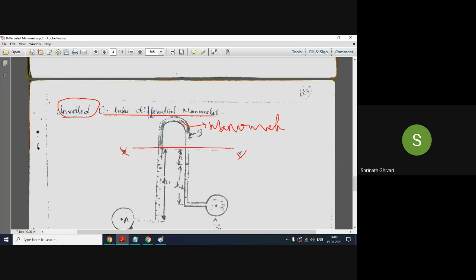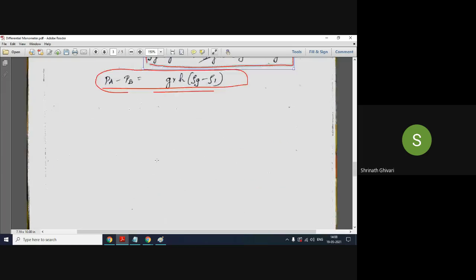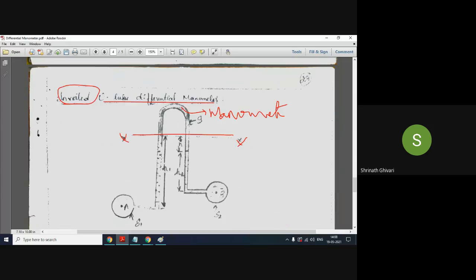The difference between the inverted and the simple U-tube differential manometer is, first, that it is inverted. Second, instead of using a heavy liquid, we are using a lighter liquid. Why are we using a lighter liquid? Because we want to measure a very low pressure difference.